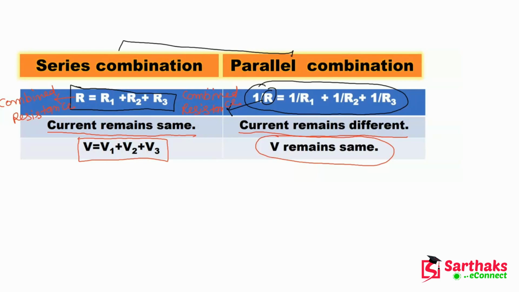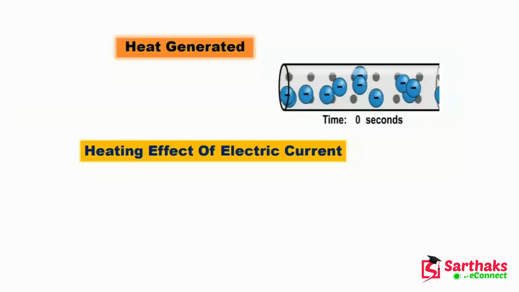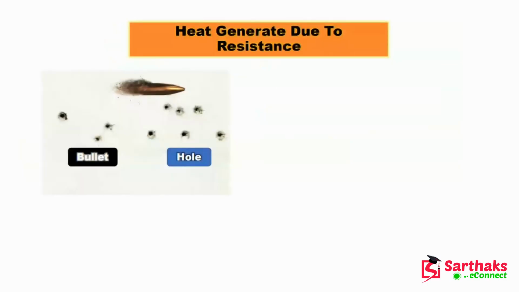Now let's move on to the next slide and talk about heat generation. It is again a very important topic. Before telling you this directly, I want to give you a very good example.